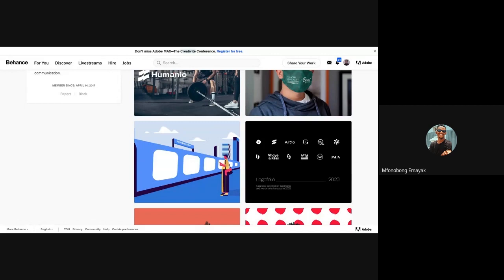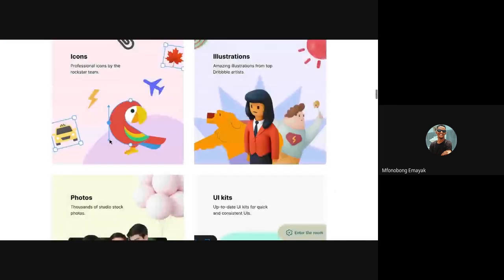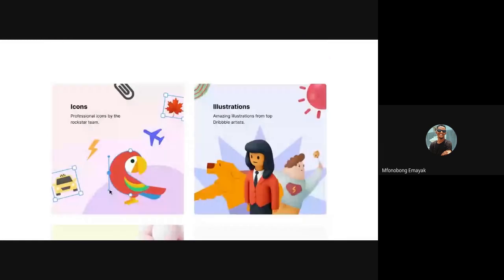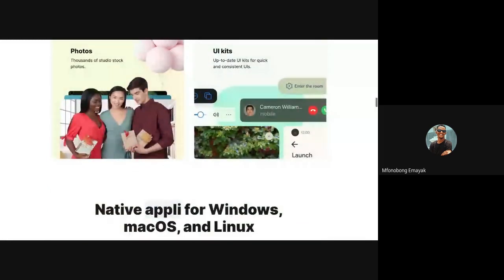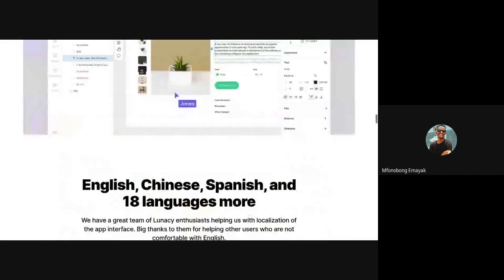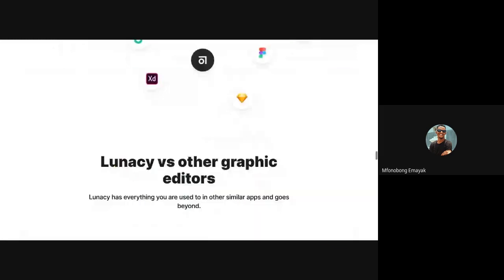So I was trying to figure out how they did that without cloning or copyright issues or copying Figma exactly. But as I looked at it, I felt like I had an option. If I do not want to use Figma or XD to do my design, I can actually use Lunacy. I was just intrigued by whoever the developer is, and how the person was able to come up with that concept and bring out something close to what Figma is.